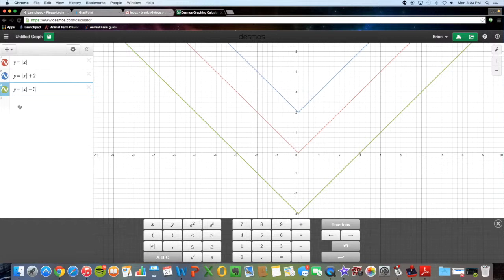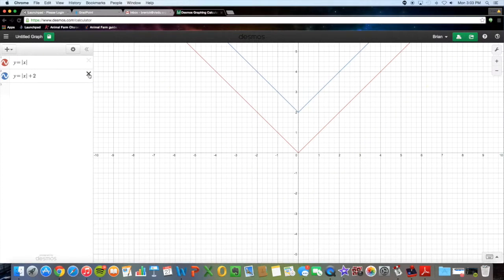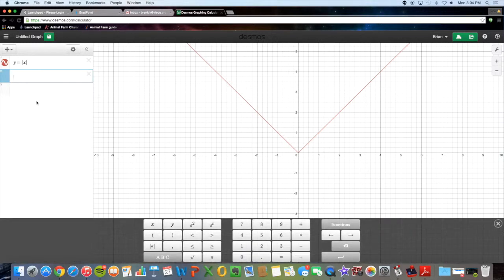How do we translate it horizontally? Well, for that, you're going to add a constant within the absolute value markings. What does that look like? So let's get rid of our 2 that we translated and start again with just y equals the absolute value of x. If we wanted to translate that graph 2 units to the right, how do we do that? Y equals the absolute value.